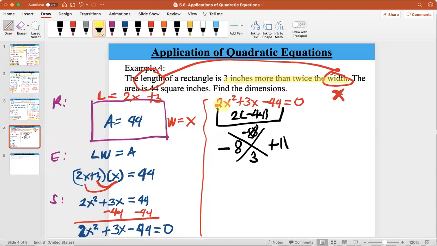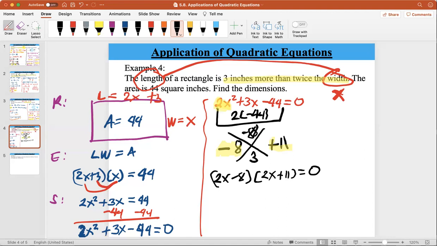So you take the 2, all right? 2x minus 8 and then 2x plus 11. So remember that whenever there's a leading coefficient, we have to write here 2x minus 8 and then 2x plus 11 equals 0. Is there anything that we can divide out here?